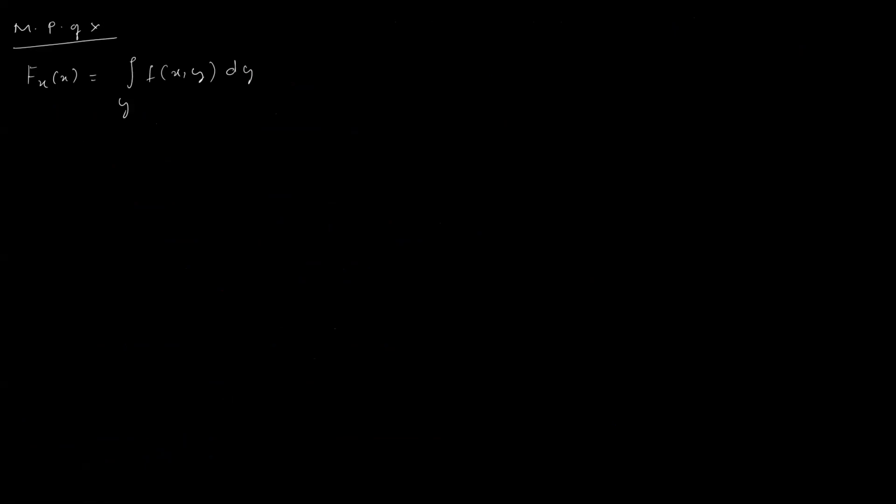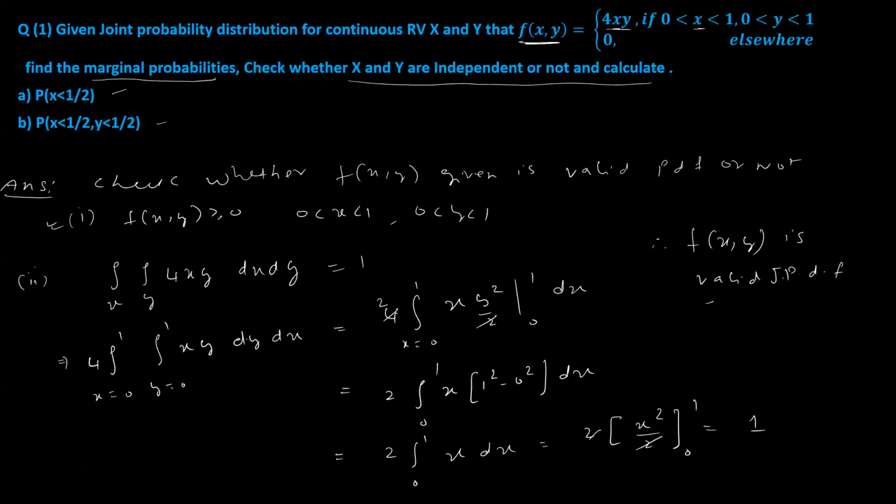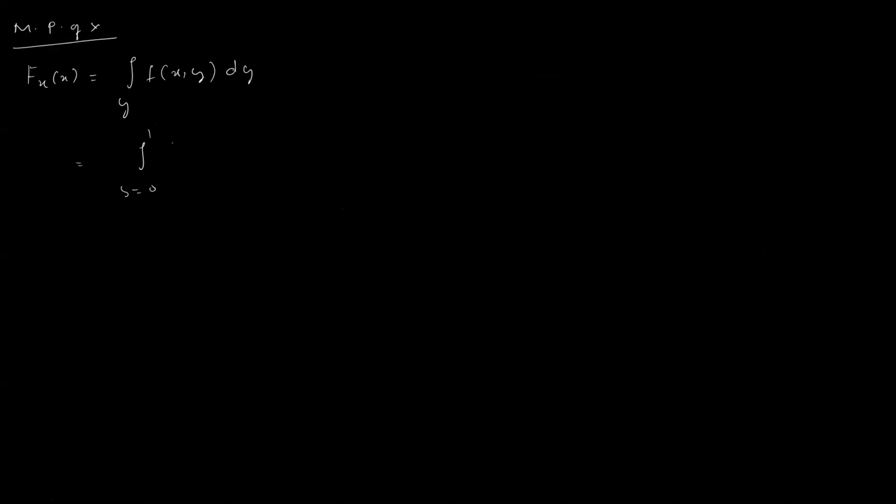This is the formula. So y limit is given to us from 0 to 1 in the problem. You can see here limit is 0 to 1 and f of xy is 4xy. So this value I'll just plug it here. So this will become 4xy into dy. So when you integrate this, 4 will come out, x into y square by 2, 0 to 1 limit.